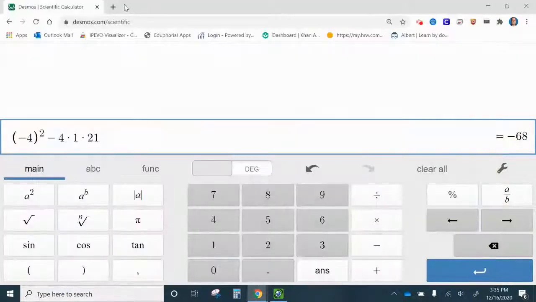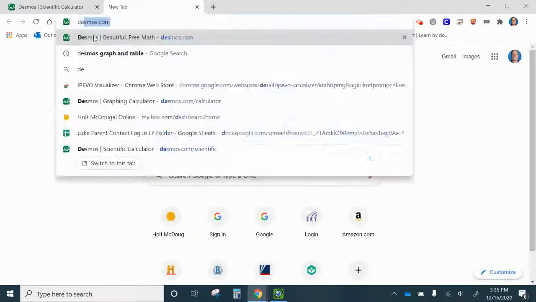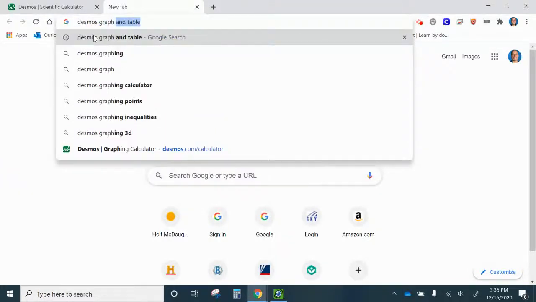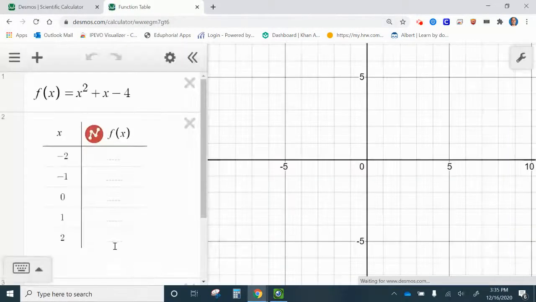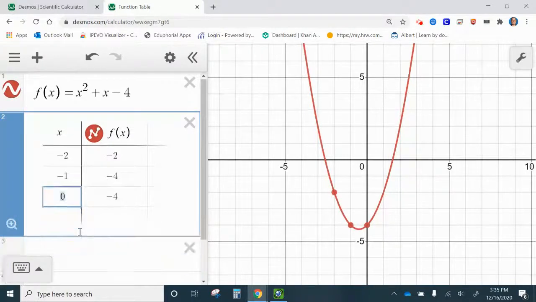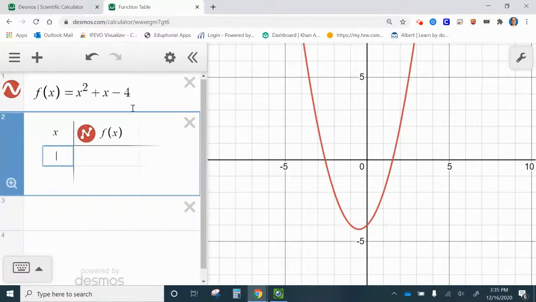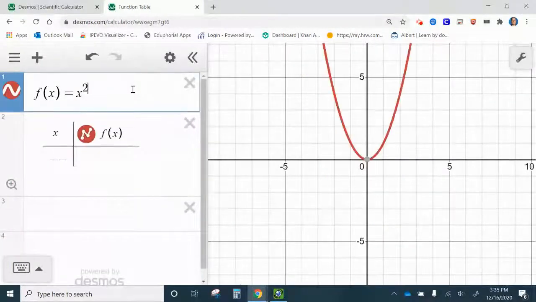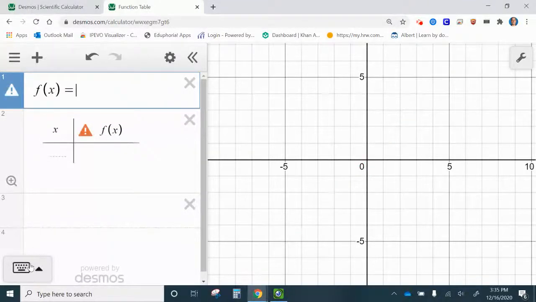So, let me go to Desmos, graph, and table, function table, and I'm going to delete these, and we need to find all the combinations to make negative 68.